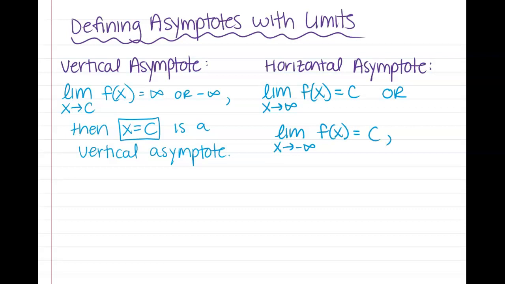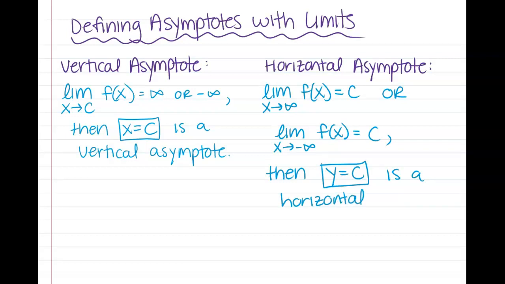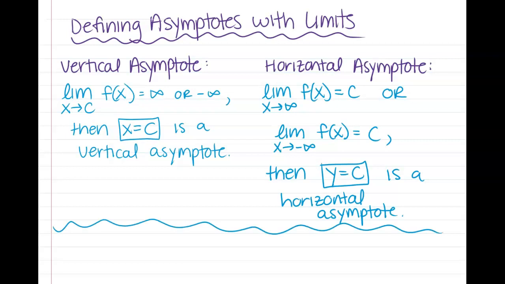And if that's true, then y equals c is a horizontal asymptote. Again, this is not new, but I'm just defining it again for you because I felt like it.